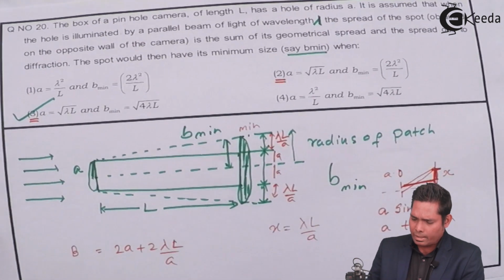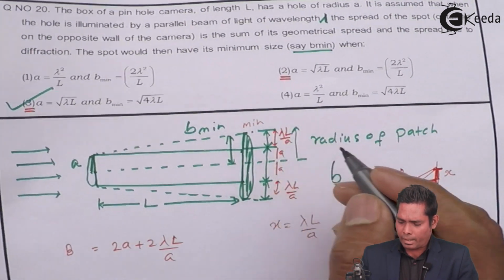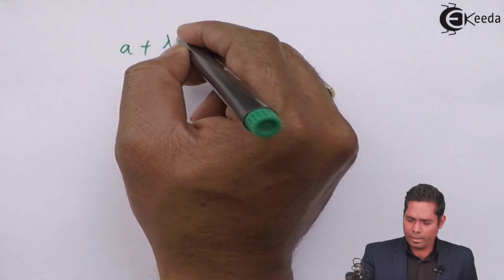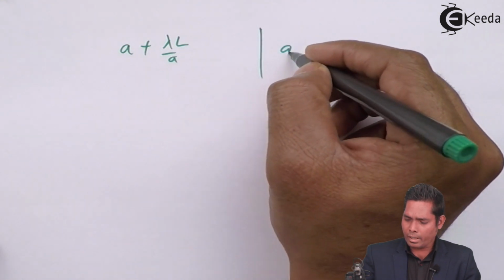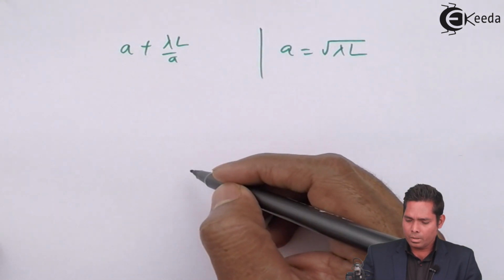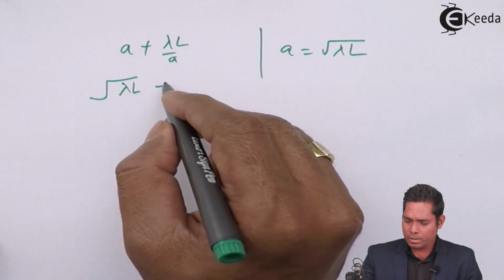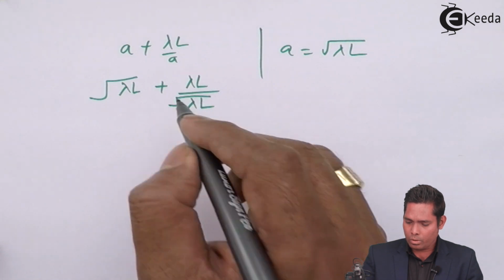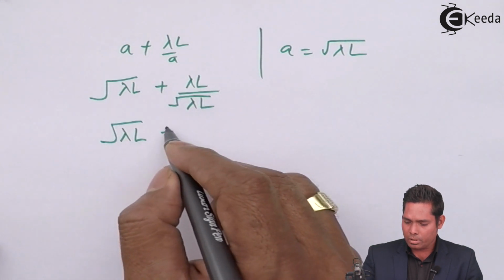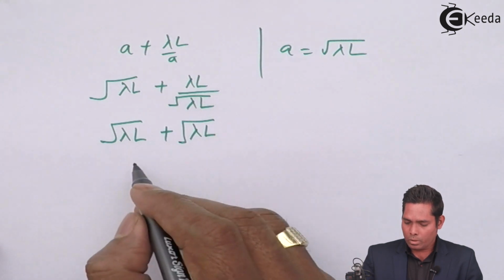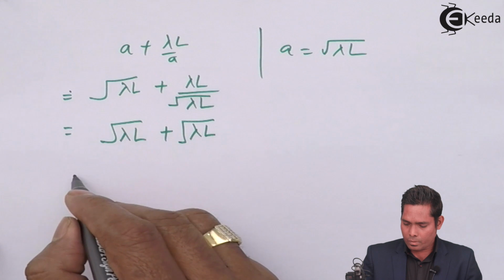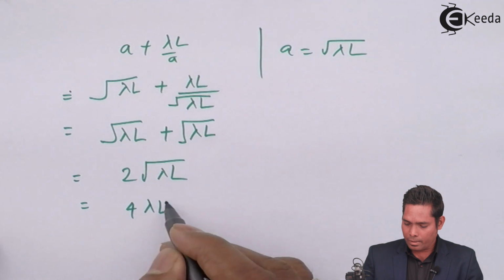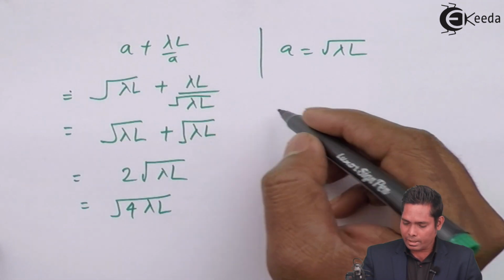You can also say that if I want to find A plus lambda L by A, then with A as under root lambda L for minimum, this is root lambda L plus lambda L by root lambda L. This will become root lambda L plus root lambda L. This is 2 under root lambda L and this goes inside, it becomes 4 lambda L. So basically we are interested in that distance B minimum.